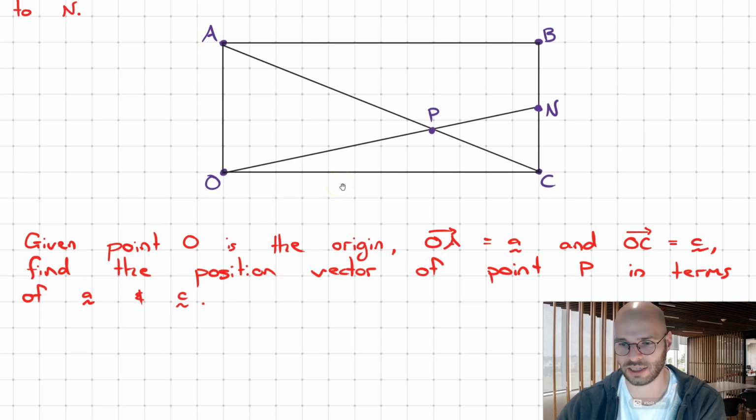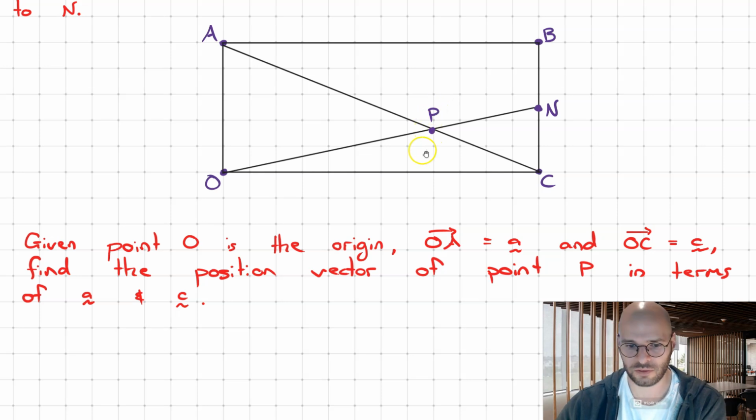We're going to start off by thinking about ways in which we can pass through point P. Once we think of ways in which we can pass through point P, we're then going to start thinking of ways in which we can move toward point P and actually stop on point P. And then once we've done thinking about ways in which we can stop on point P, we're going to think of ways in which we can describe P explicitly.